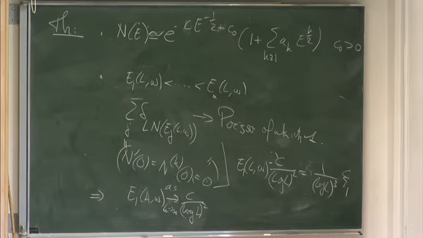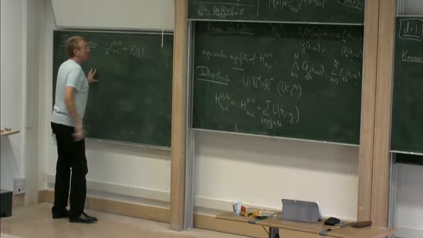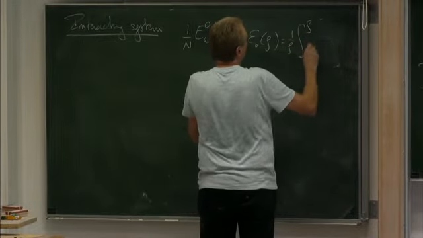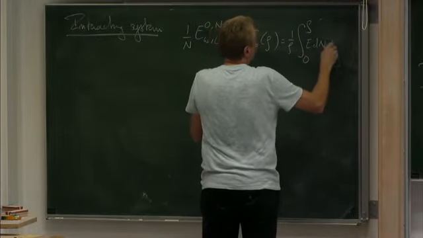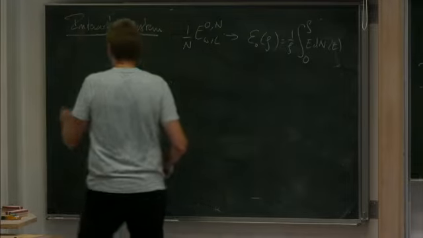Remember, the general thing I defined before tells you that if I look at the non-interacting system, this converges to E0 of rho that I know how to define, where N of E is the density of states I had before. Then the theorem is the following.